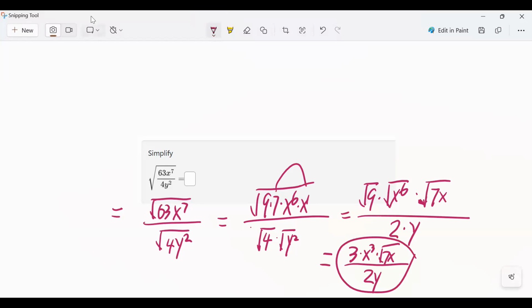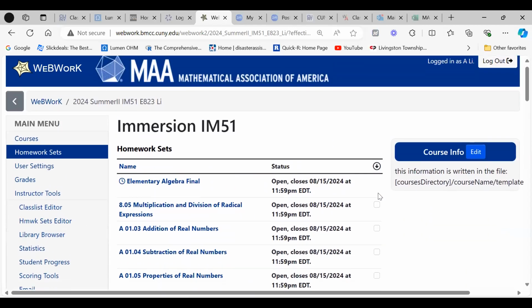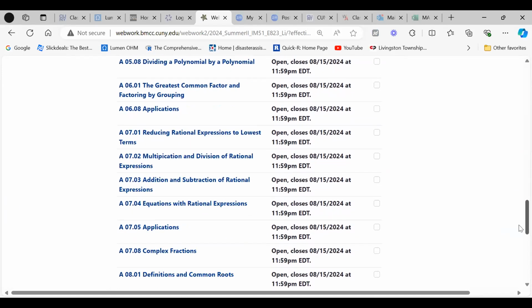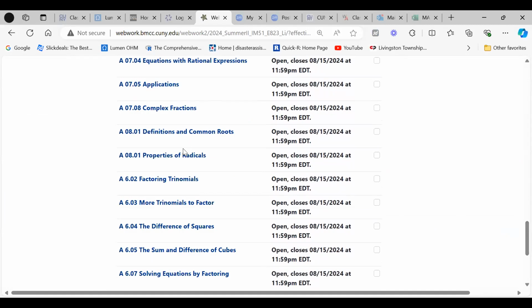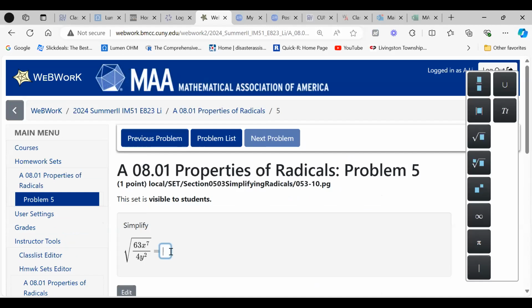Any question about this? So we put an answer there. 8.1 equal to question 5.